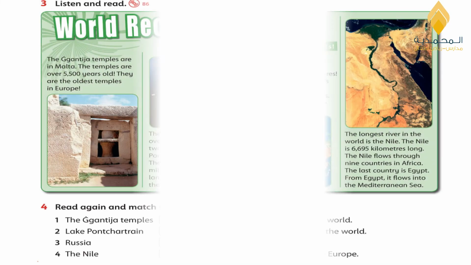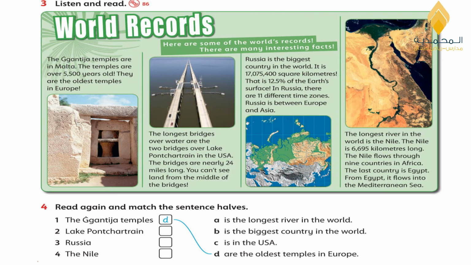Now, after we read, let's answer exercise number 4. Read again and match the sentence halves. Number 1. The Gigantia temples are the oldest temples in Europe. D. 2. Lake Pontchartrain is in the USA.